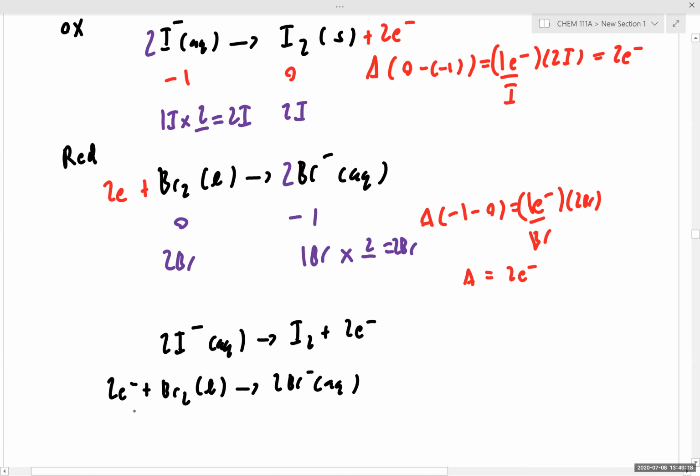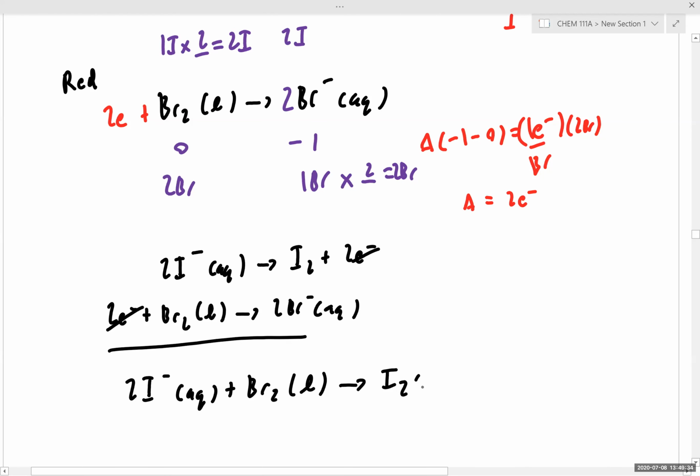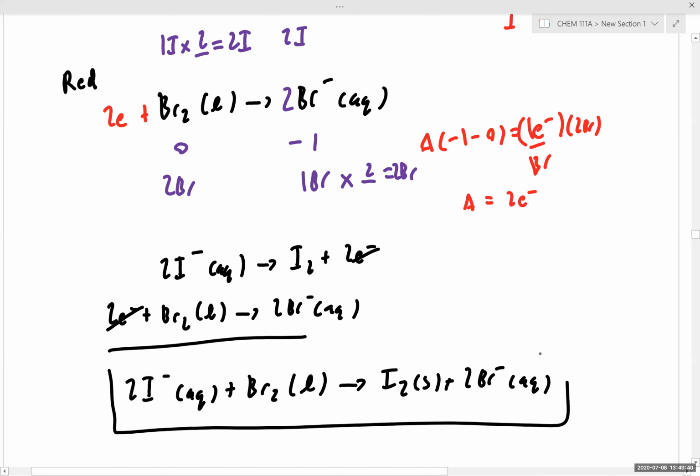Our electrons are the same, so we can add our equations together. That gives us our net ionic equation of 2I minus aqueous plus Br2 liquid leads to I2 solid plus 2Br minus aqueous. So here's our complete and balanced net ionic equation.